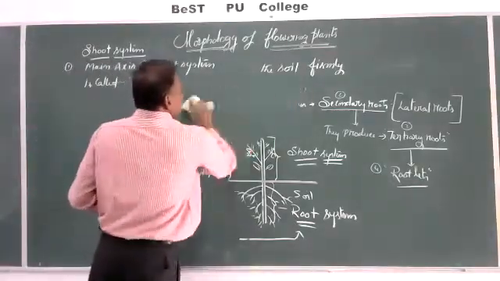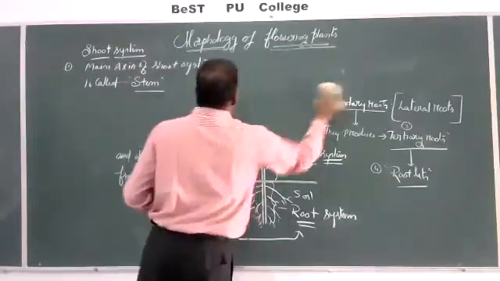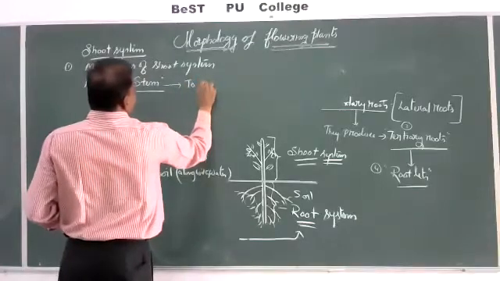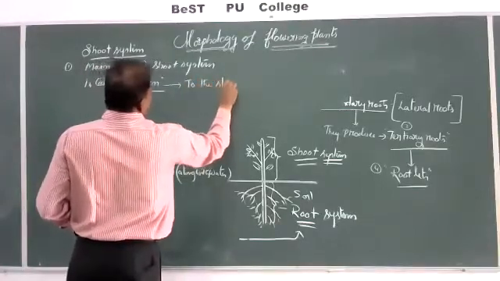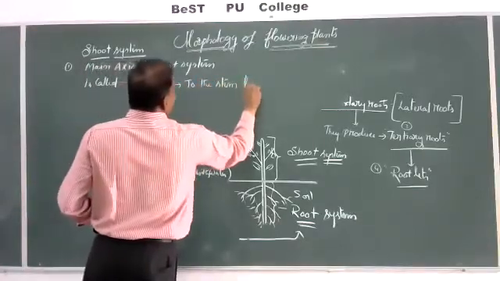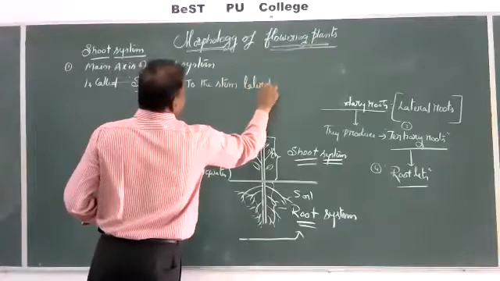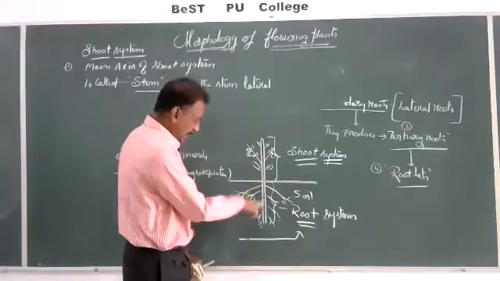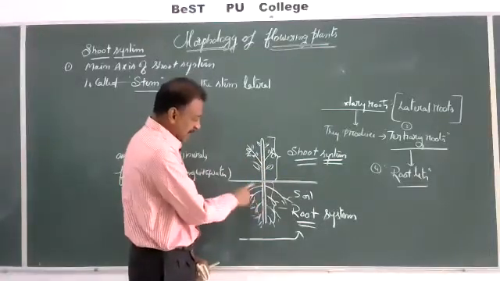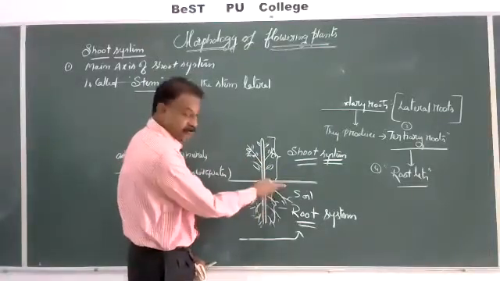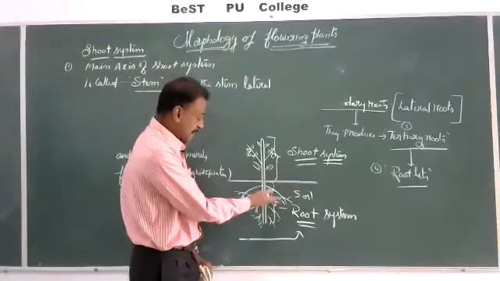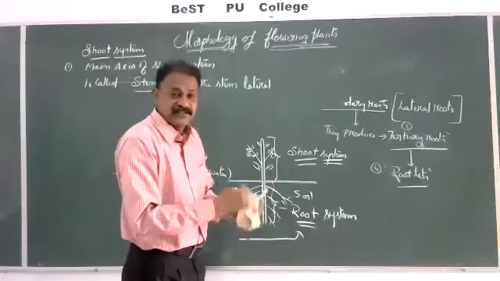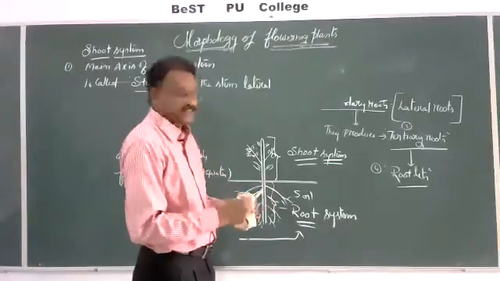To this stem, lateral appendages. Appendages means organs. So here to the main axis, primary, lateral appendages are there which are called secondary. Again they were having tertiary like that. Appendages here means organ structures.